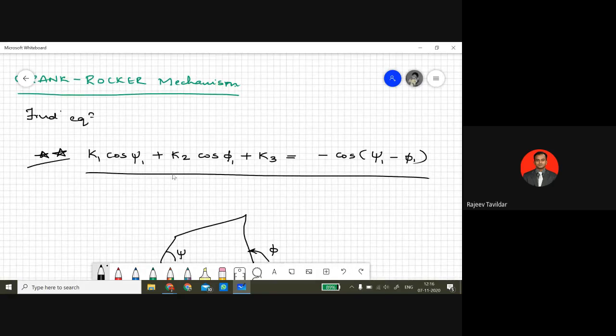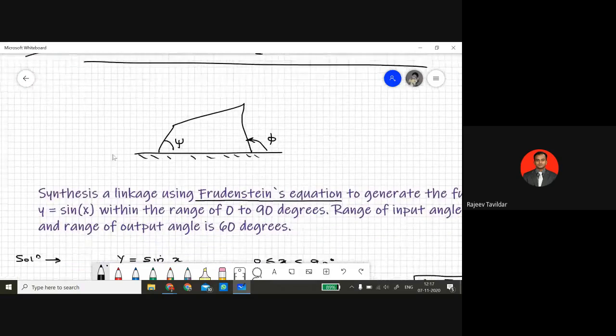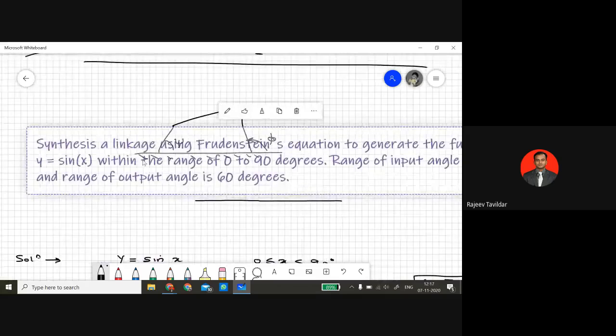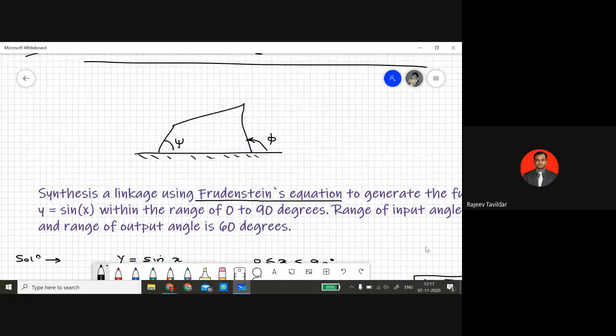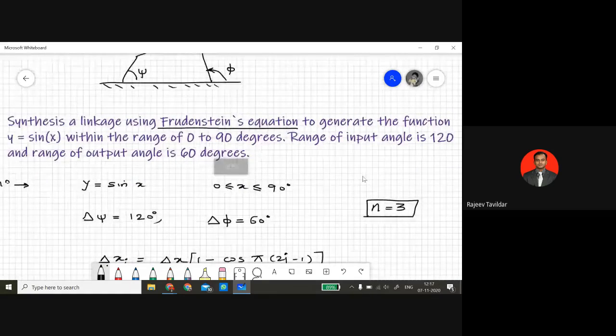So I'll have three equations and three unknowns, that is k1, k2 and k3. If I take precision points as 4, then I will get 4 Freudenstein's equations with 3 unknowns, so solving will become tedious. So by default, if it is not given, we take the value of n for Freudenstein's equation as 3.